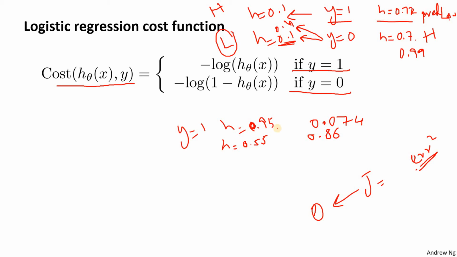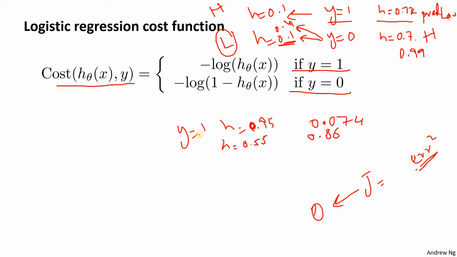When the output y class is 1, if I say it is 0.95, it's quite close to 1, but because I am not 100% sure, I will still get some error value, 0.074, a very negligible, very small value.